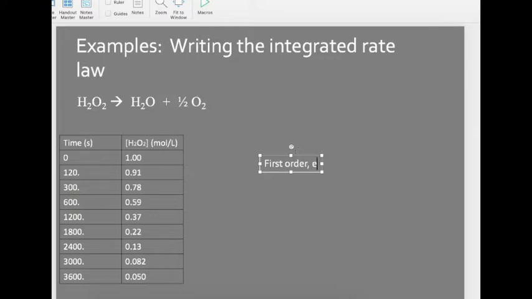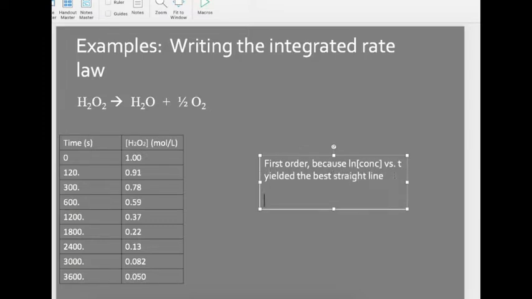So I know it's first order because the natural log of concentration versus time yielded the best straight line. And I can write the expression for that.